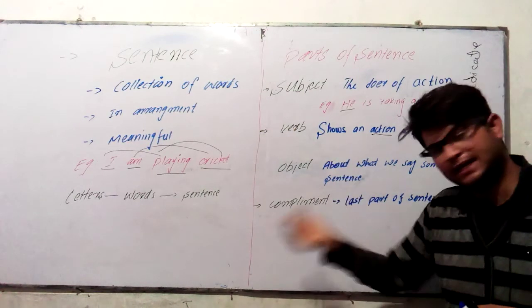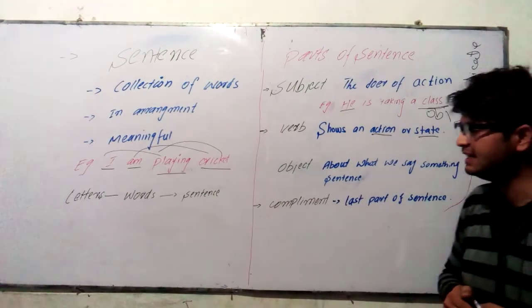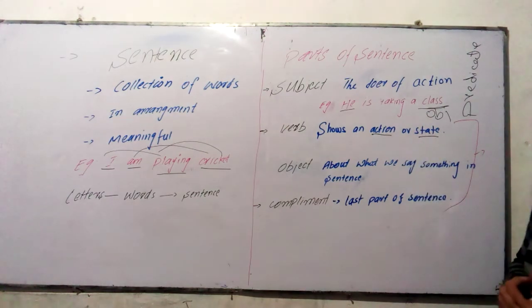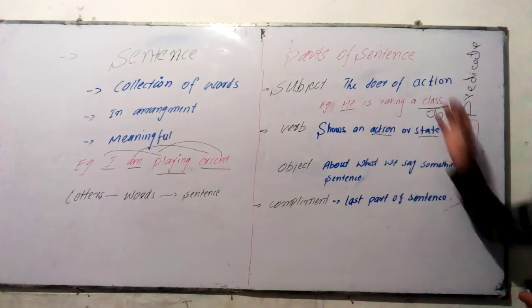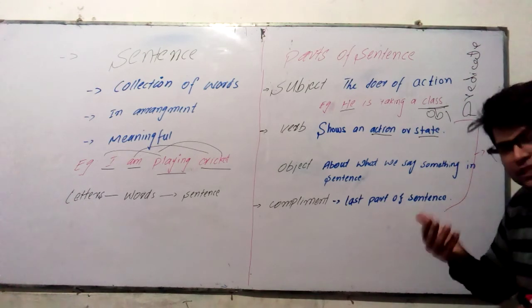And then we came to parts of speech, which include subject, verb, object and complement. Subject can be defined as the doer of an action in a sentence, the one who does something in a sentence.